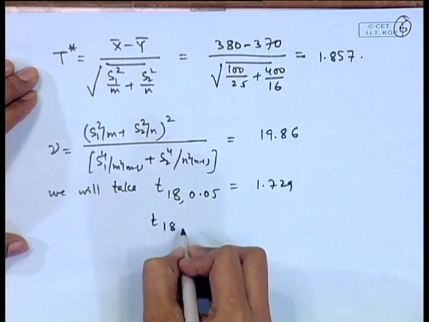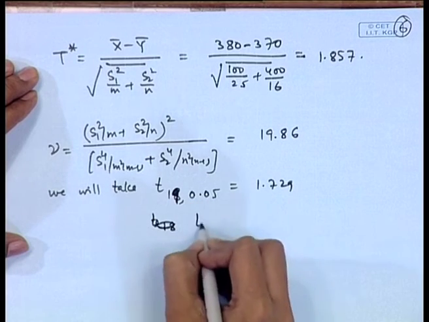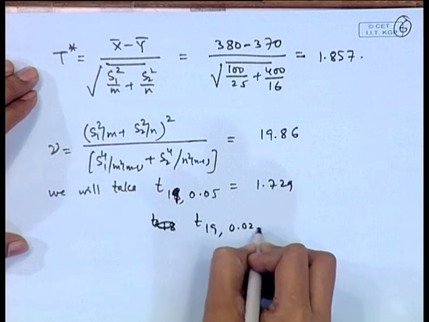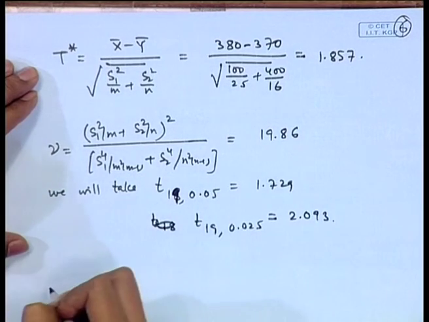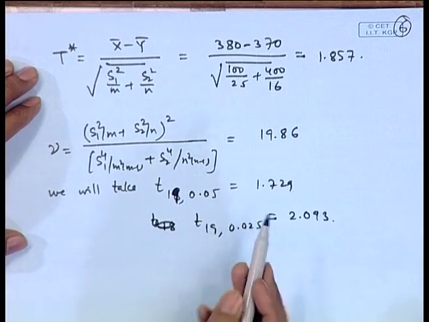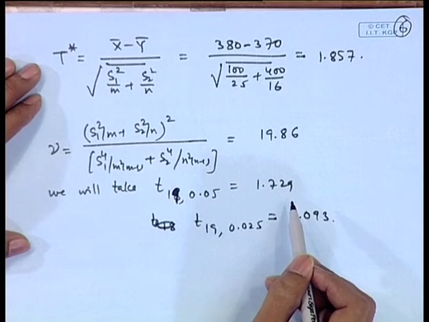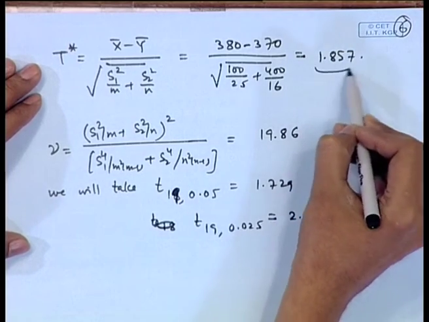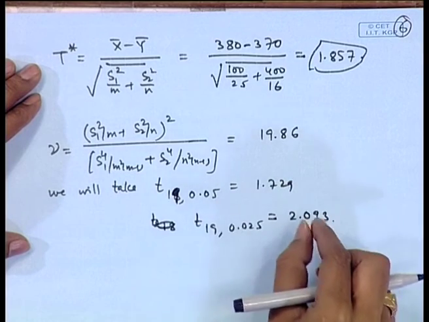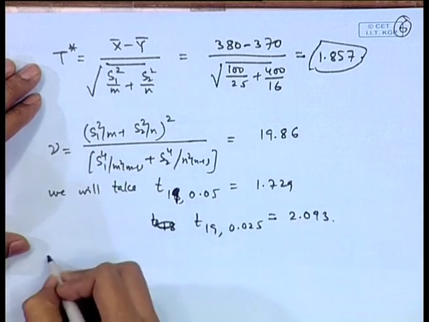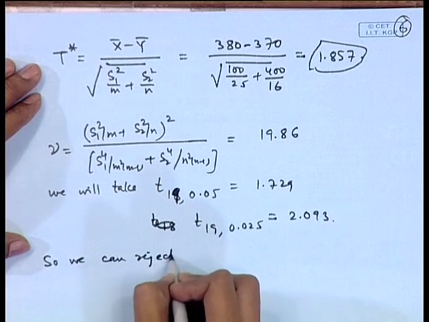Suppose I consider T 19 at say 0.025, this is equal to 2.093 etc. You can easily see that the value 1.857 is bigger than this, but smaller than this. So, we can reject H naught.